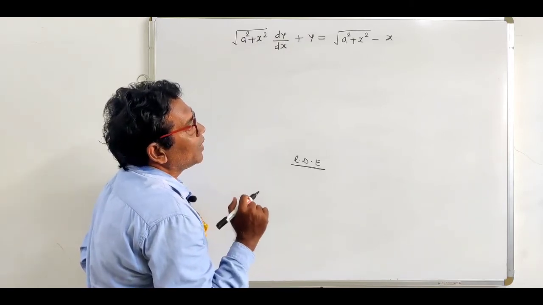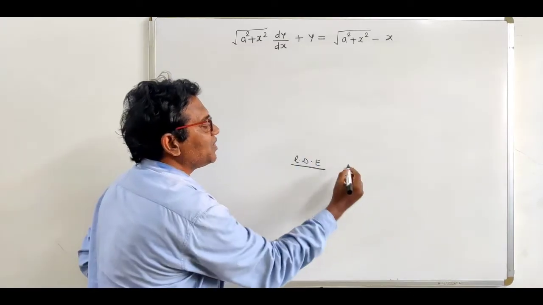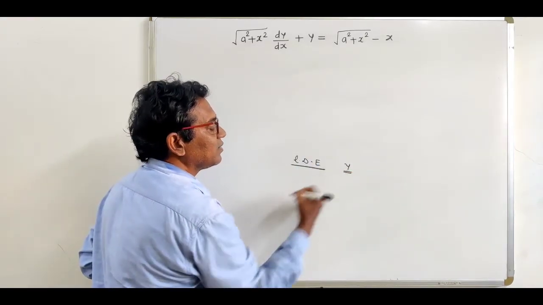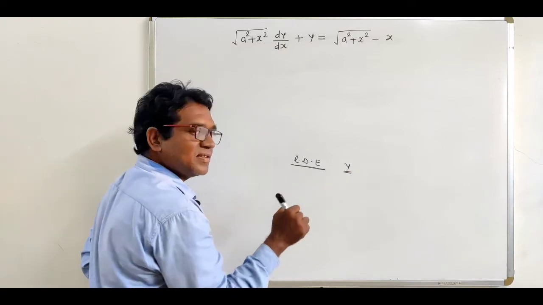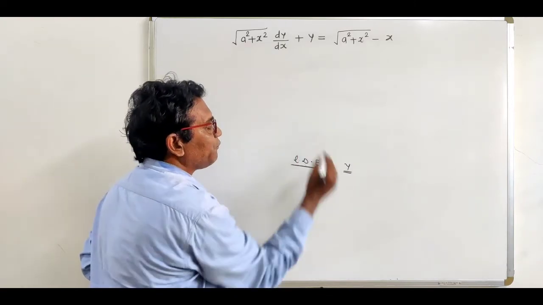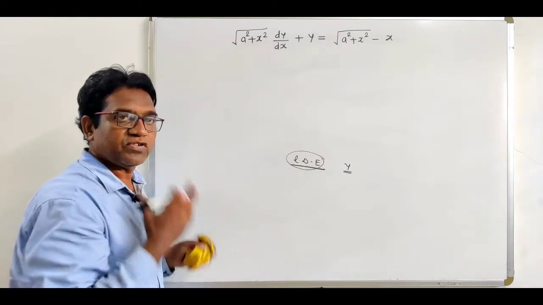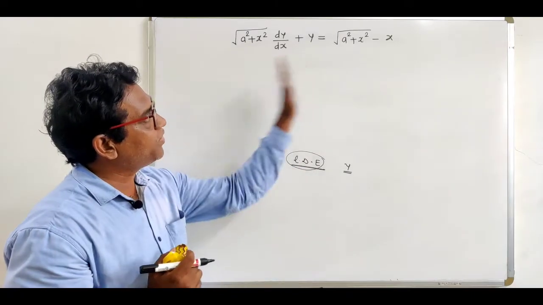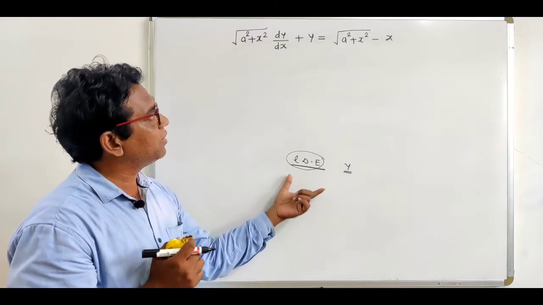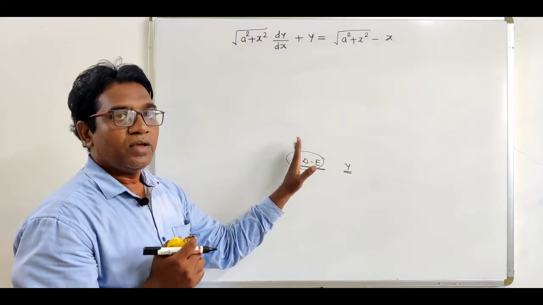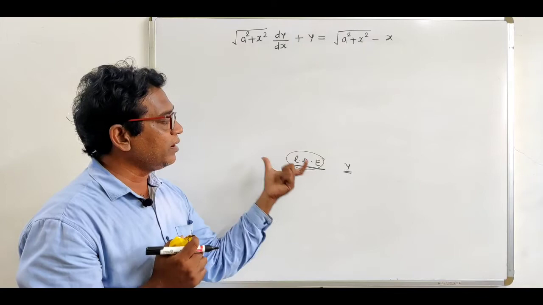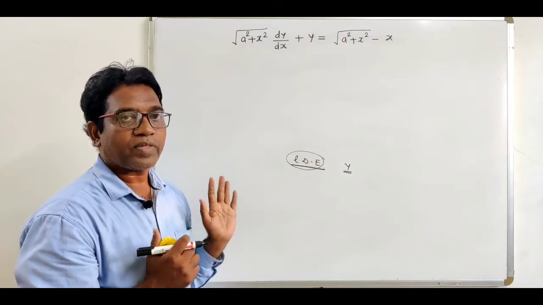Now see, if the differential equation contains a single y, then we can say that this differential equation may be a linear differential equation. If you observe this given differential equation, then definitely there is y. So this may be a linear differential equation.